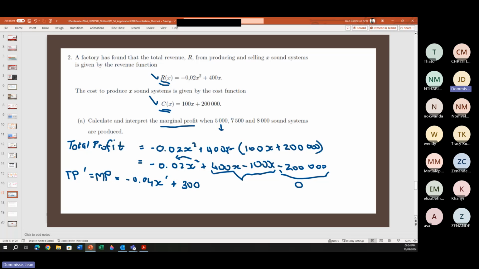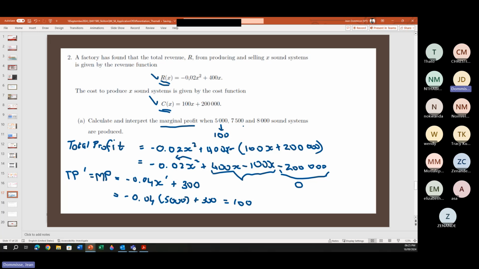When we put the 5,000 in for X, our marginal profit will be 100.